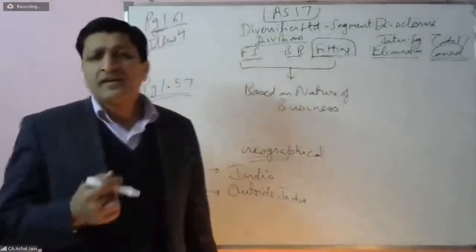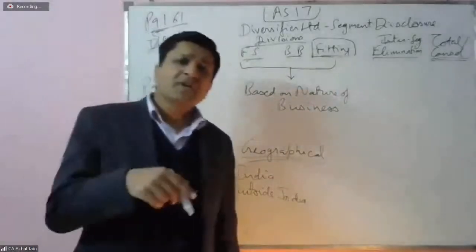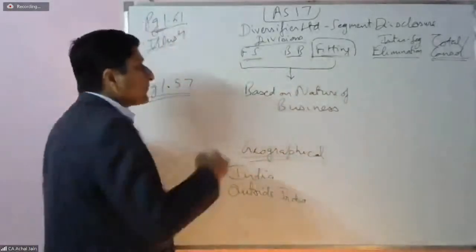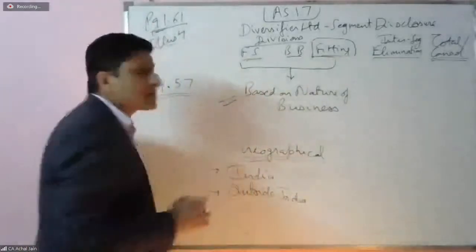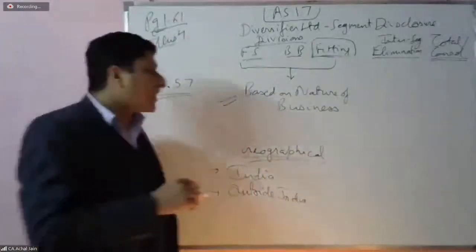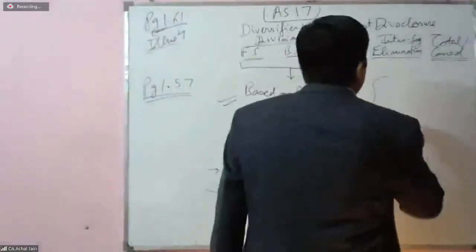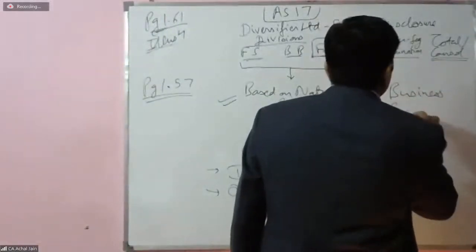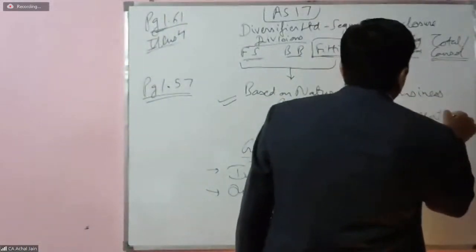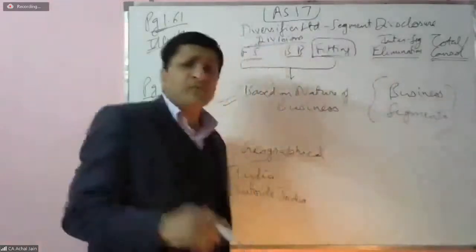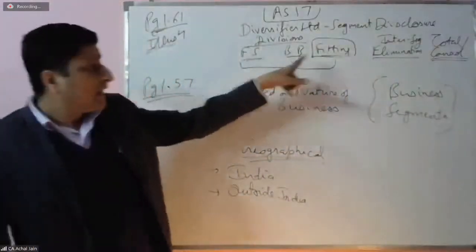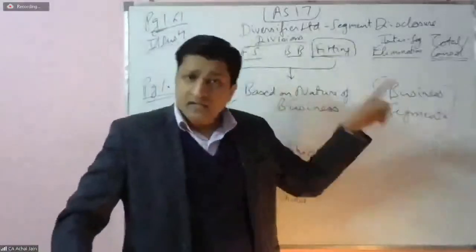Means, how do we decide whether the information in respect of segments should be given on the basis of nature of business? In which case, we will call the segments as business segments. If we give the information on the basis of nature of business, then what are these segments called as?